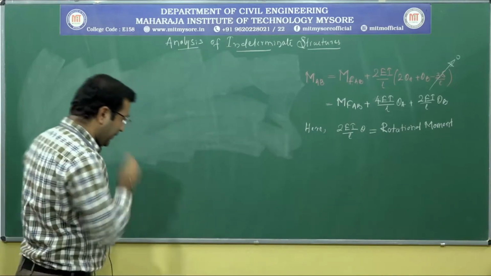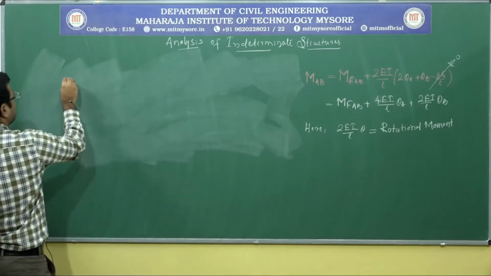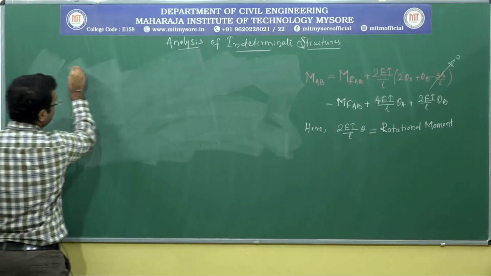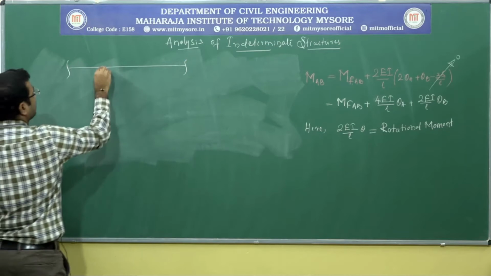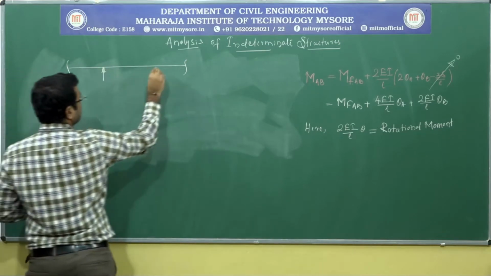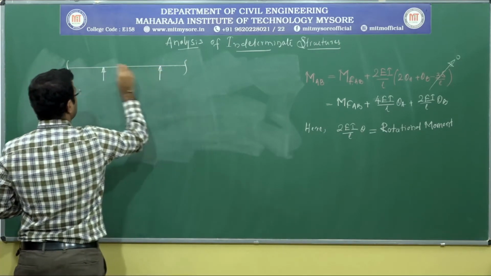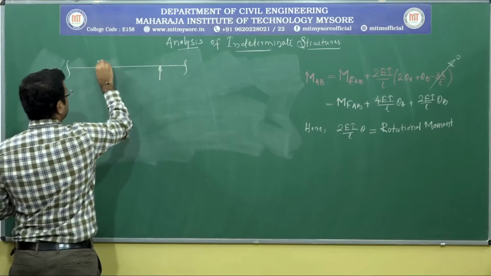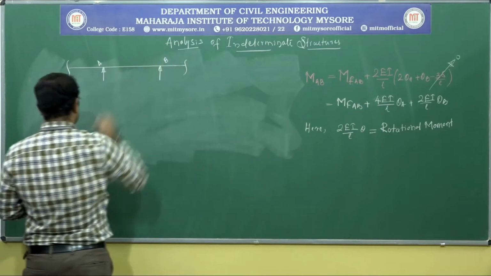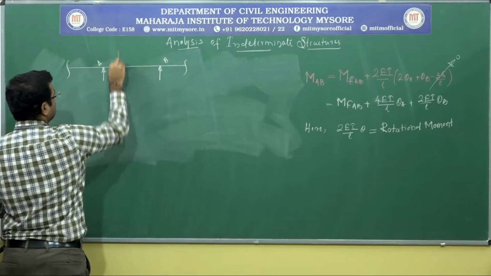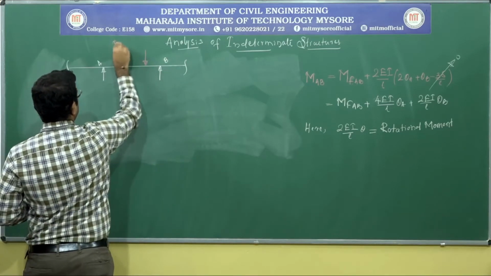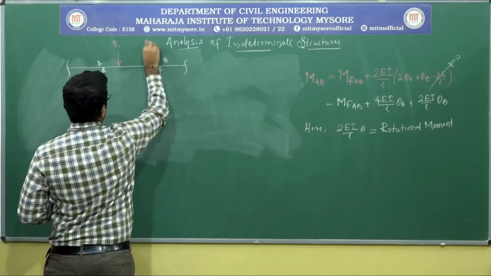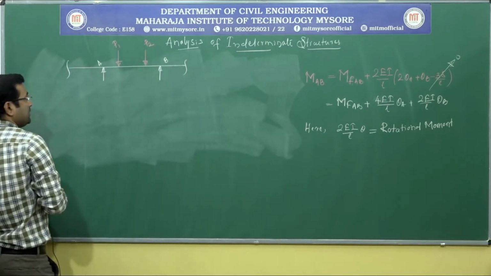See here, if I have a continuous beam, let us say this is a continuous beam where we have two supports, let us say this is A and B supports, which is loaded with some two-point loads, random loads, let us call them P1 and P2.